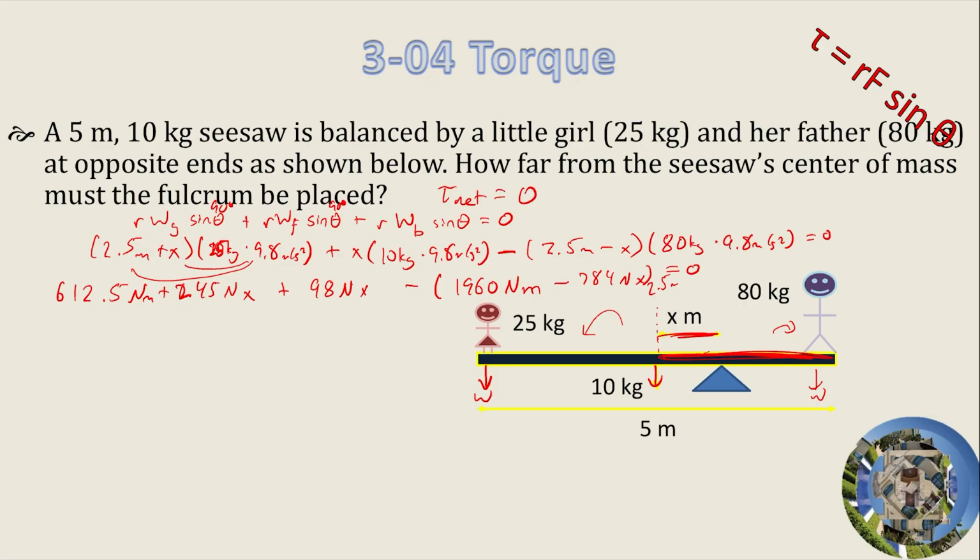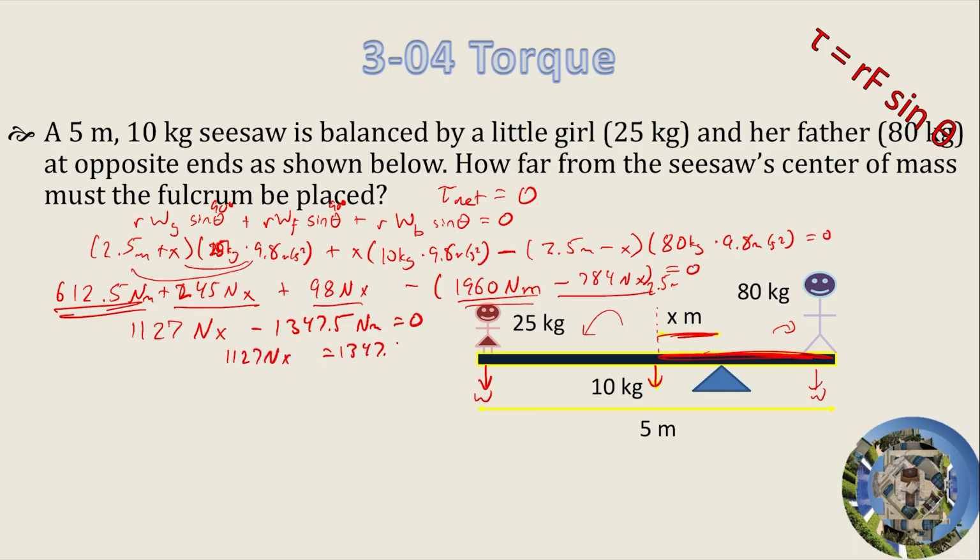All right, if I collect like terms, the newtons with the x's, now remember the second one is minus. If I combine those, I get 1127 newtons times x. And if I combine the Newton meters, that'd be 612.5 minus 1960. I get negative 1347.5 equals 0.